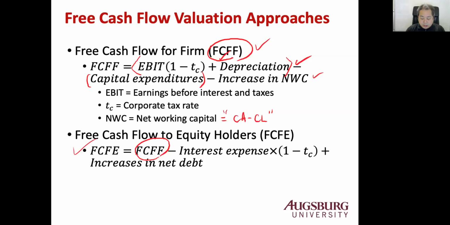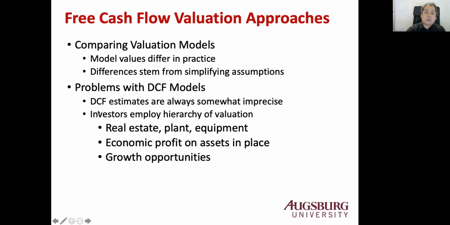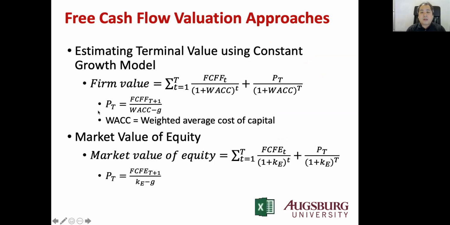So how to use this? Estimating terminal value using a constant growth rate means that usually you estimate the free cash flow, first of all for the firm, for some years, say year 2, say year 4 maybe.